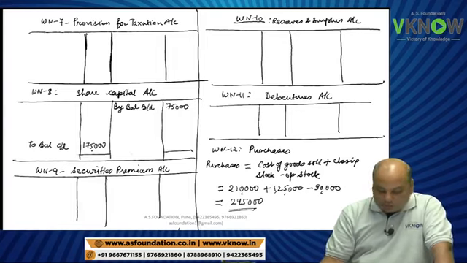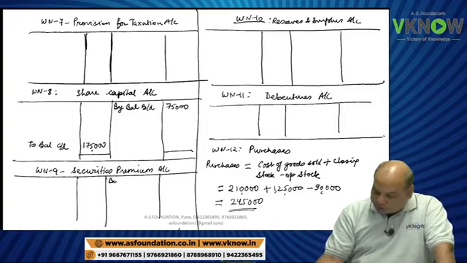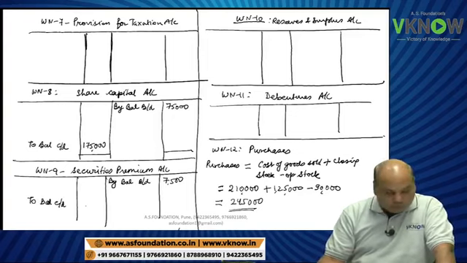In the same place, working note 9, securities premium account, by balance brought down 7,500 and to balance carried down is 12,500.